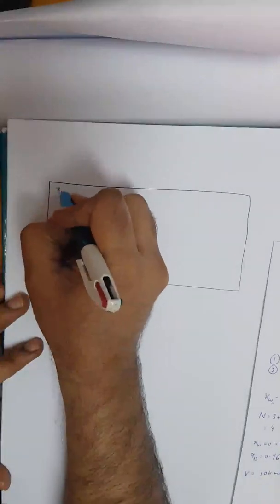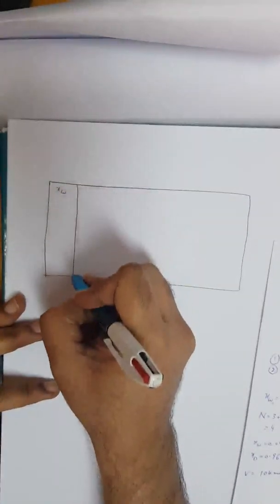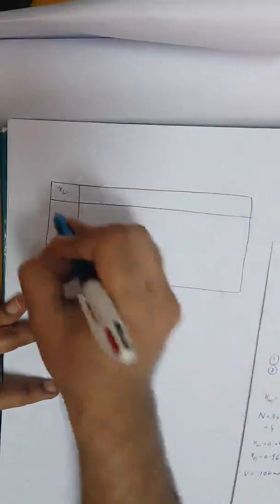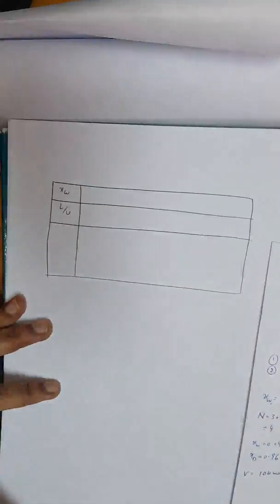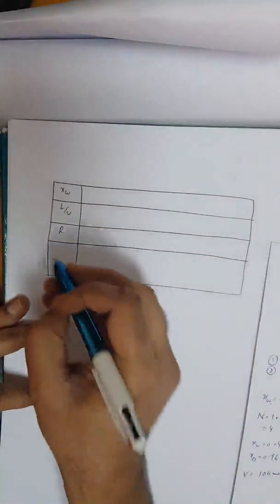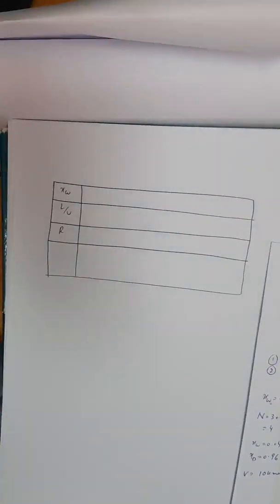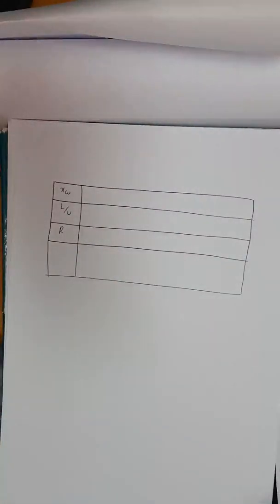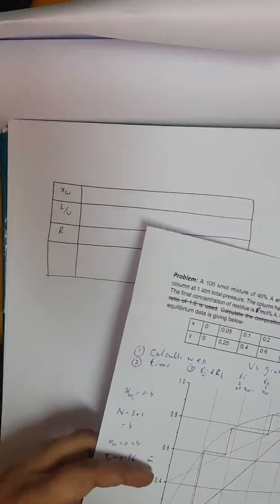So we can make XW, L over V. If you like, you can write R. And then you have to write down this factor for time, where I wrote this one.